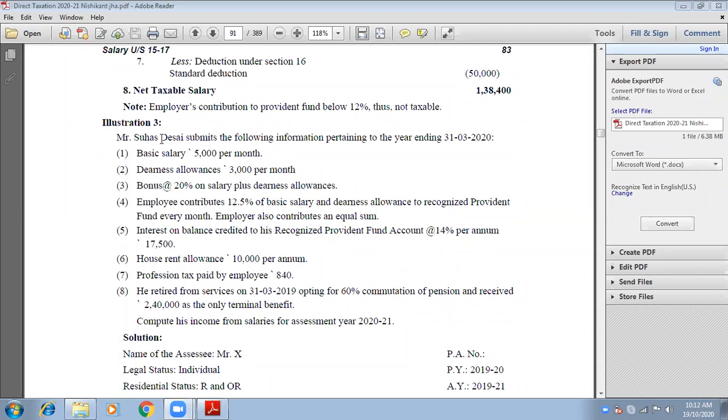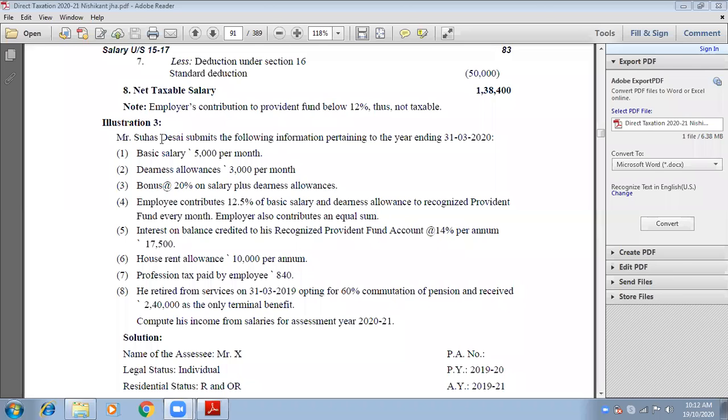Very good. So, PAN card number you just have to write down as nil. Write down in the next line, computation of income from salary. This is the heading that we are going to give for the statement that we are making.